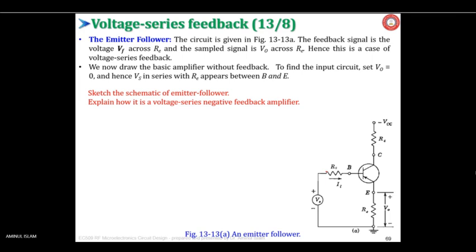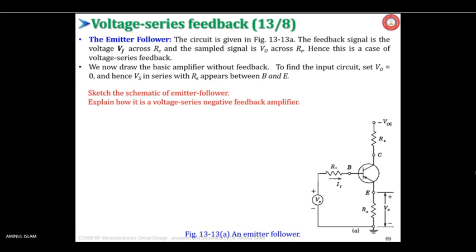Similar to that circuit, that was a source follower. Now it is actually an emitter follower, because the load resistance R_L was connected at the source terminal of the FET, and in an emitter follower you connect the load at the emitter terminal of the BJT.